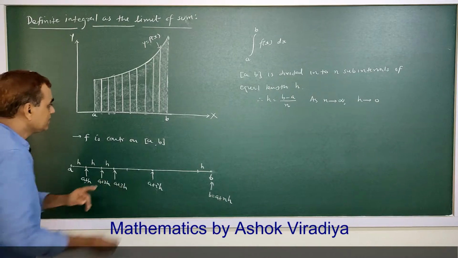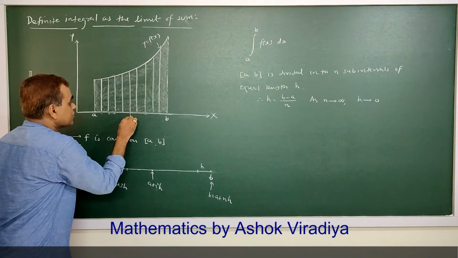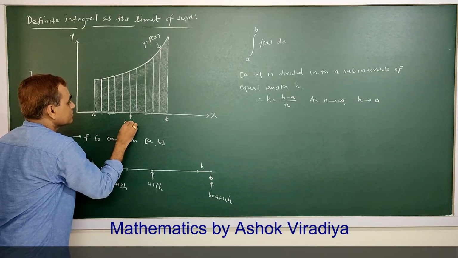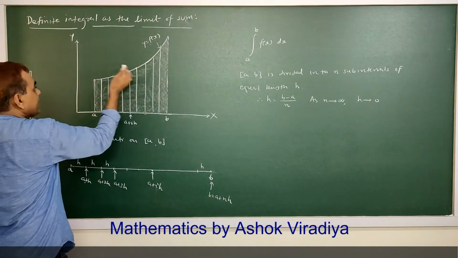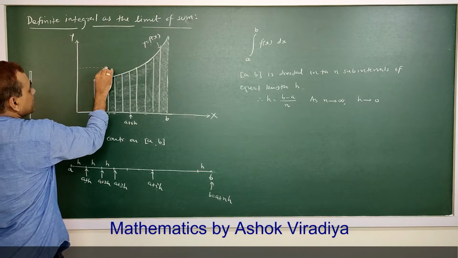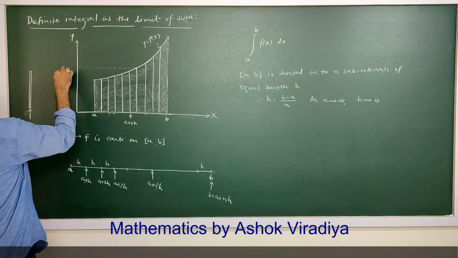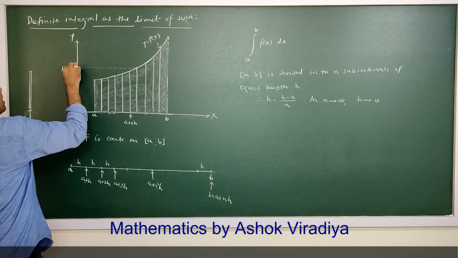So suppose this number is a plus ih, so the corresponding y coordinate of this point will be f of a plus ih.